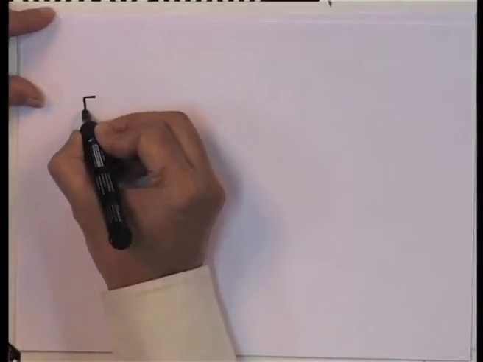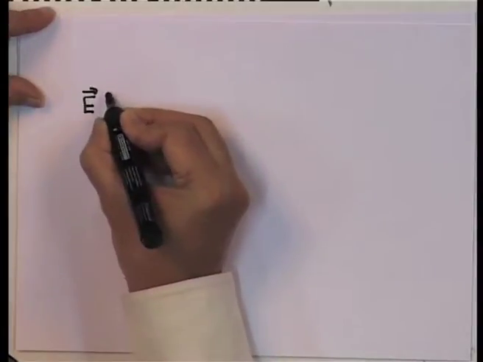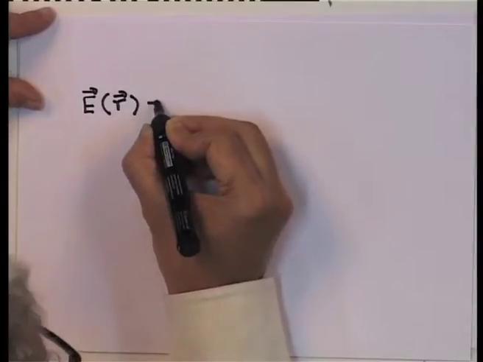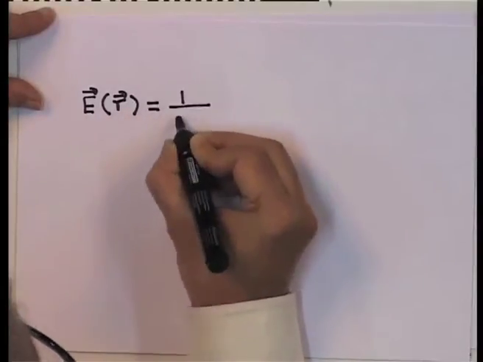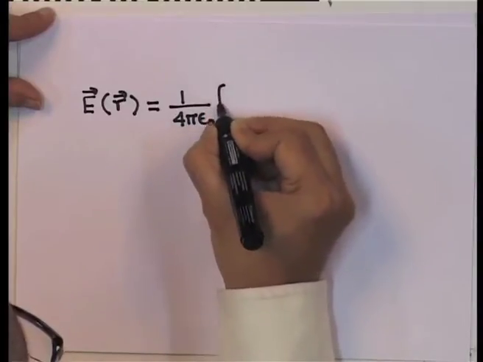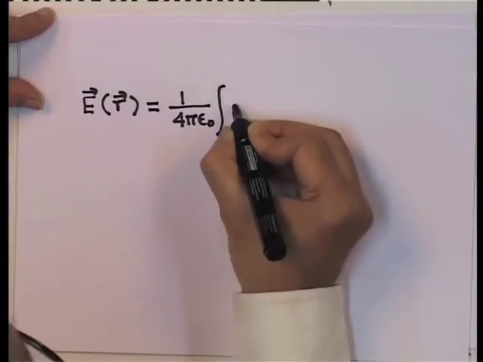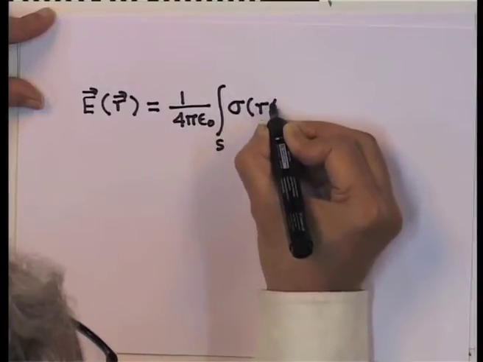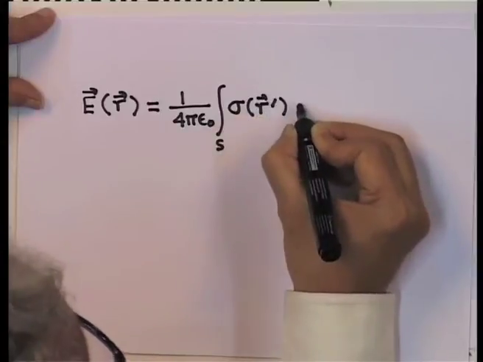The electric field at the position r is given by 1 over 4 pi epsilon 0 integral over the surface. Now, sigma, which in principle could depend upon the position r prime, dS prime.